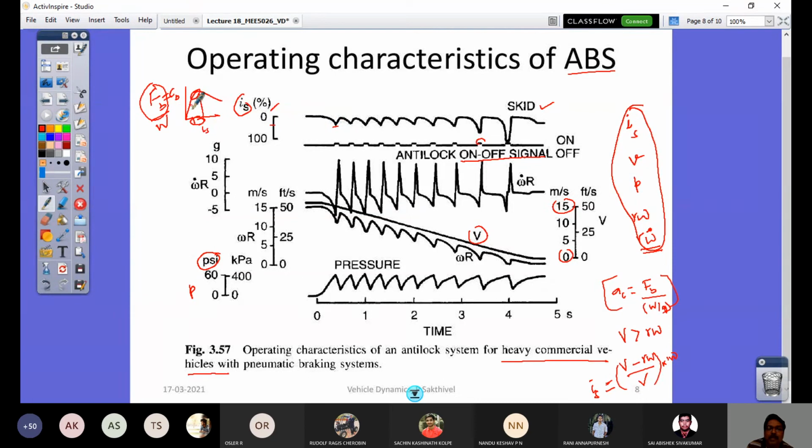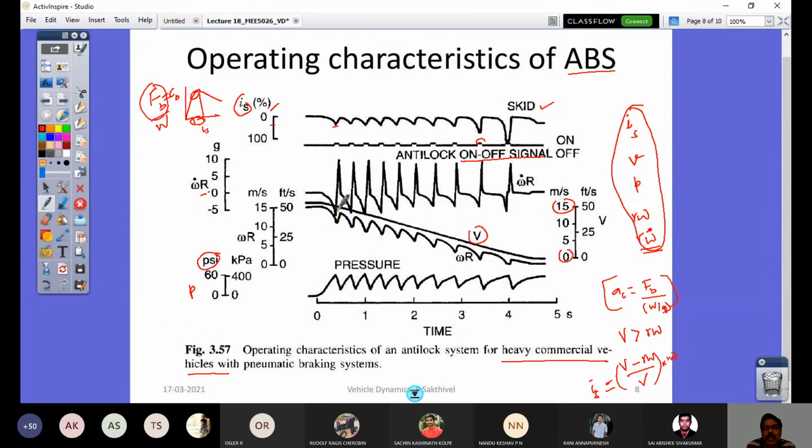When braking effort comes down, omega dot is going to fall drastically. Omega dot R is the corresponding linear acceleration of the free rolling tire. So that's what is happening here, and you can understand the variation of omega dot R.